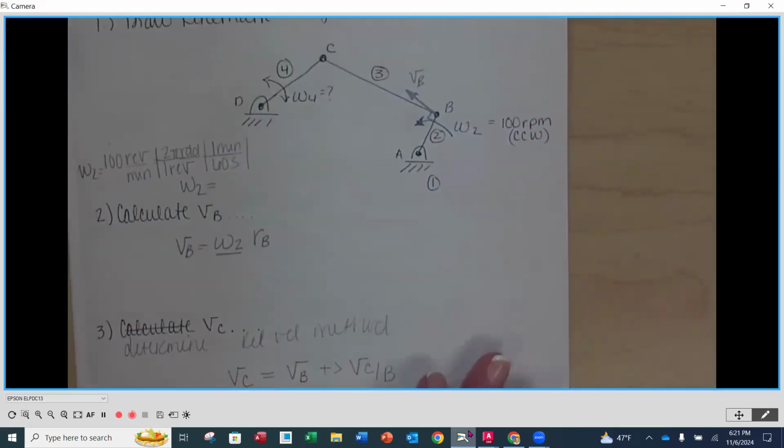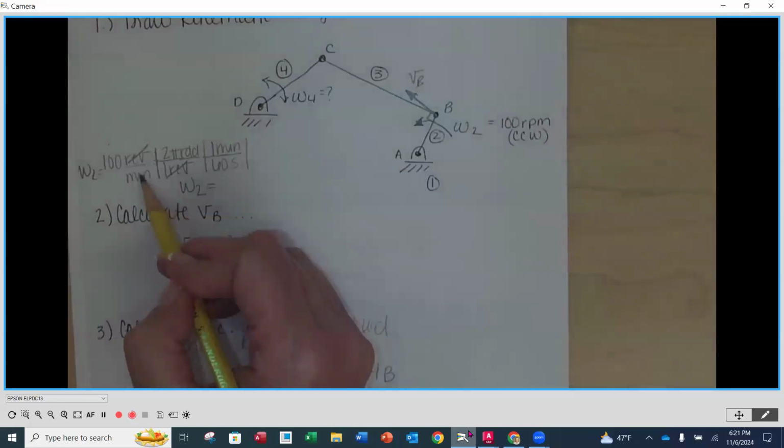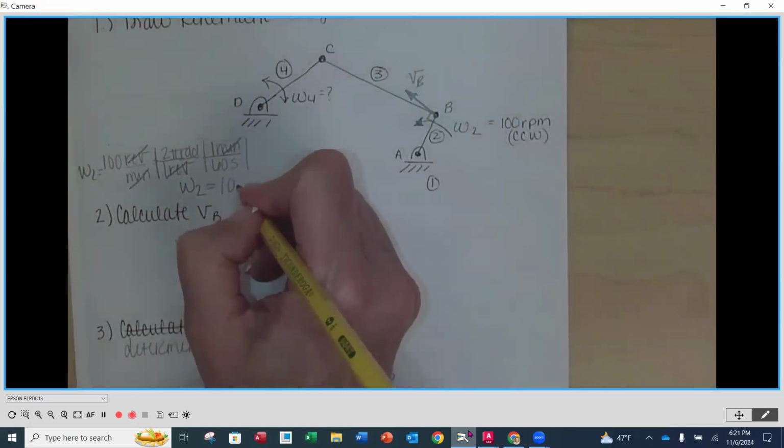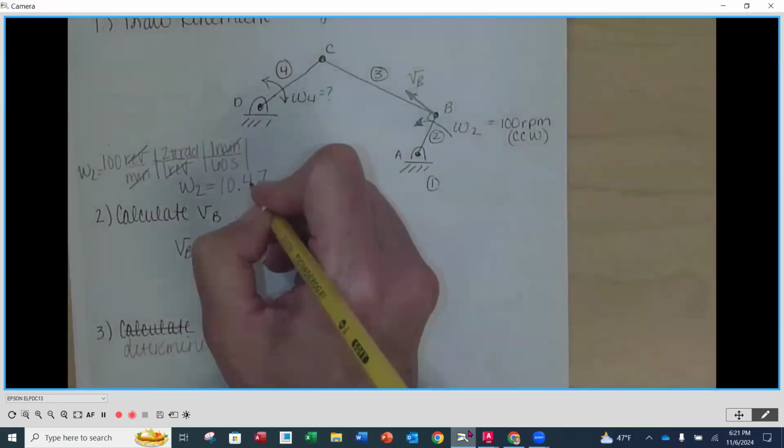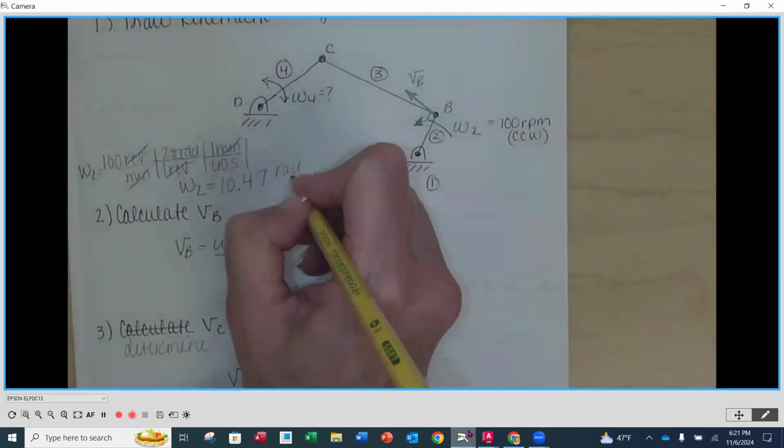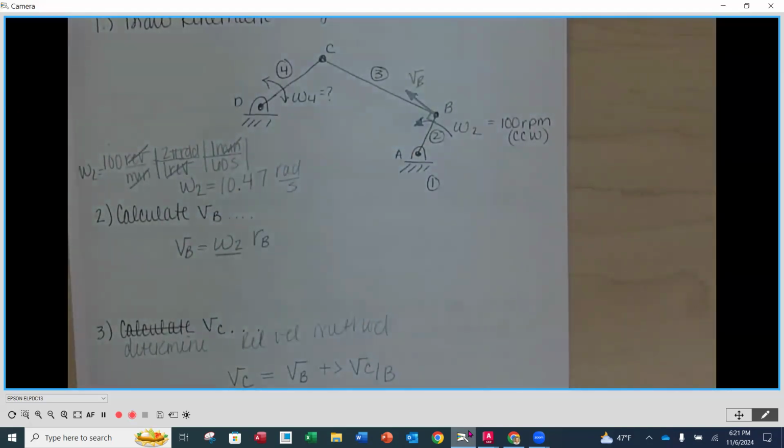Once somebody gets an answer, let me know what you get for W2 converted to radians per second. 10.47, is that right? 10.47 radians per second. Everybody get that?